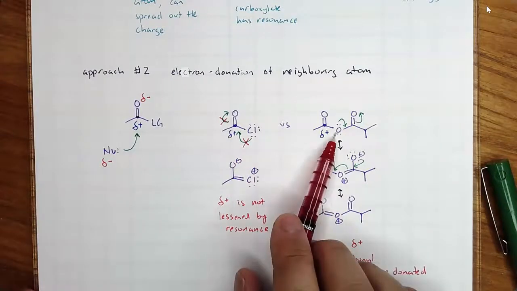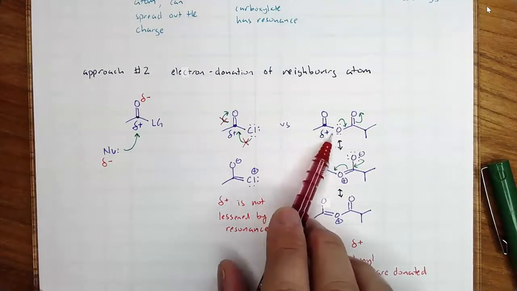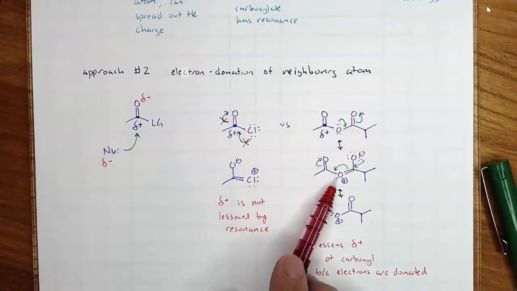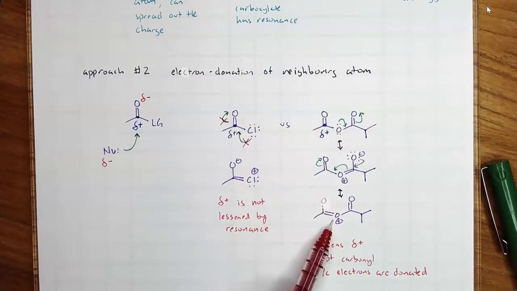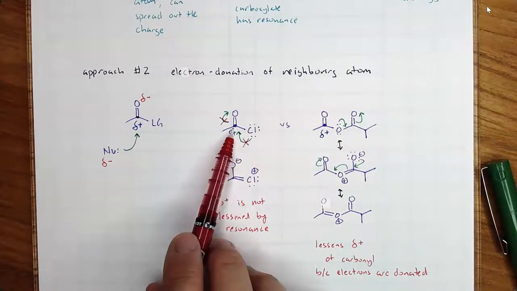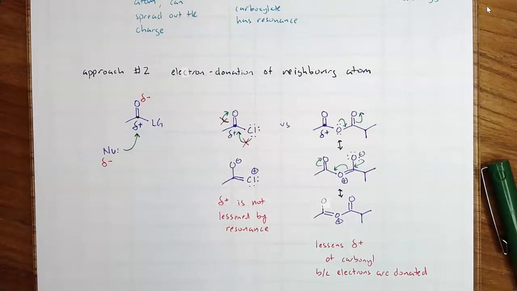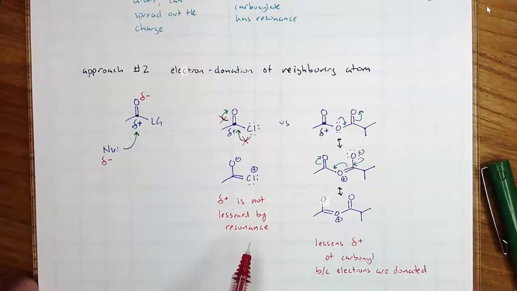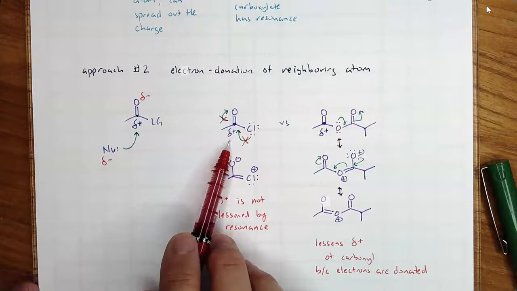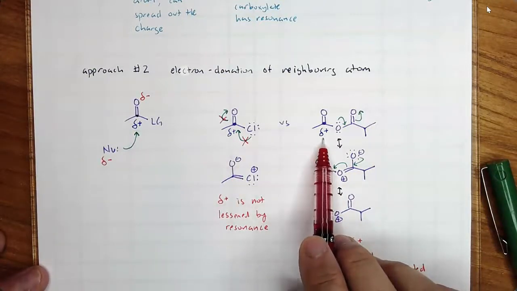Both carbon and oxygen are in the second period, so the sizes are comparable, and we're able to get the electrons shared between those two atoms much easier than shared between this huge chlorine and this tinier carbon. But the bottom line is this: because there's no resonance here, that partial positive charge is unaffected, and is actually larger than the partial positive charge here.